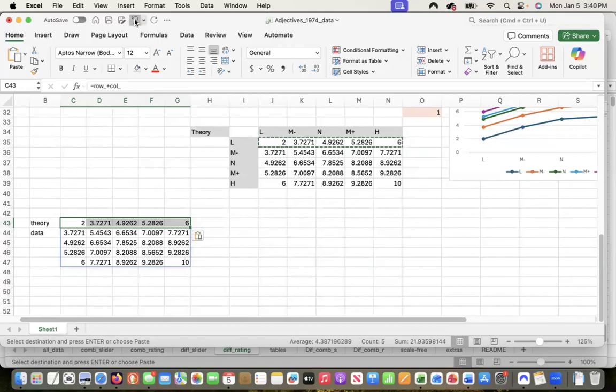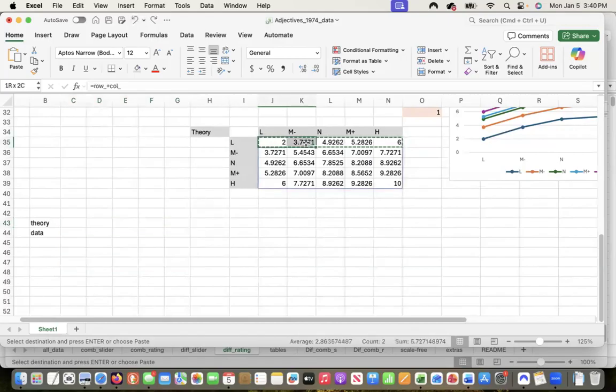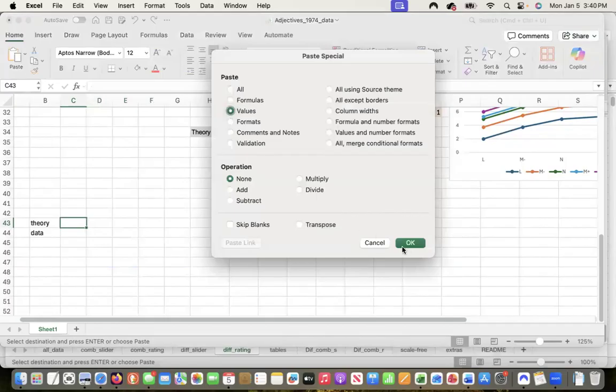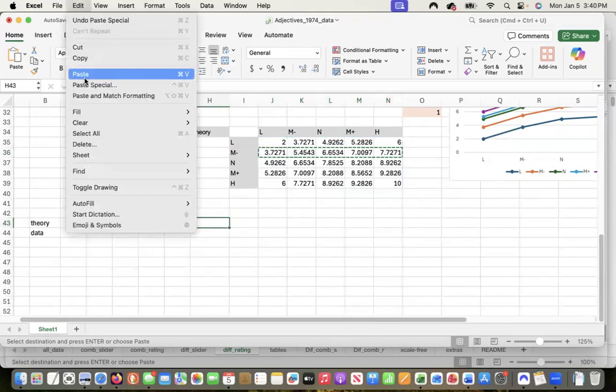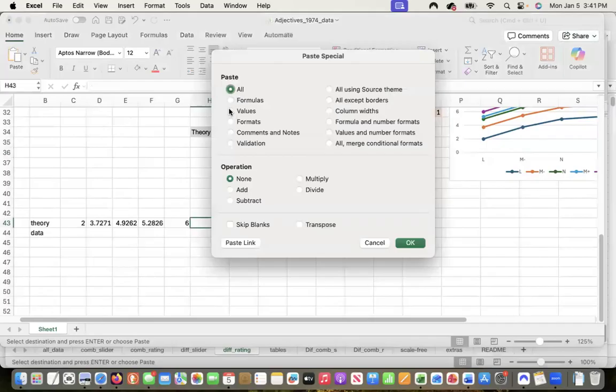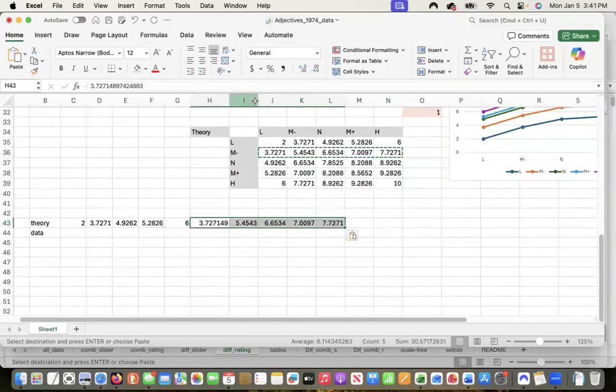It wants to take the whole thing. Let me undo that. I'm going to paste special values here. The second row. The third row.